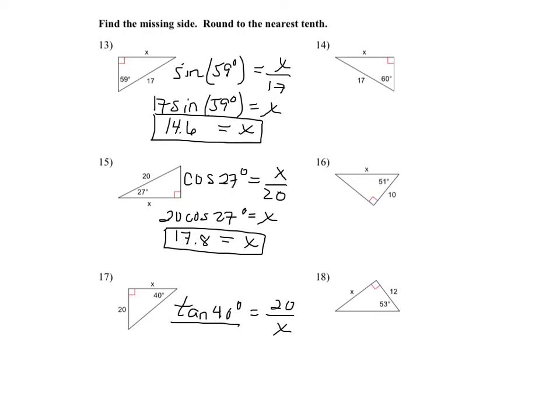What I like to do is create a ratio on the left-hand side like we have on the right, and then cross multiply. And when we cross multiply, we get x times the tangent of 40 equals 20. And what that means, if we divide both sides by the tangent of 40, x equals 20 over the tangent of 40 degrees. And that answer is, on the calculator, about 23.8.